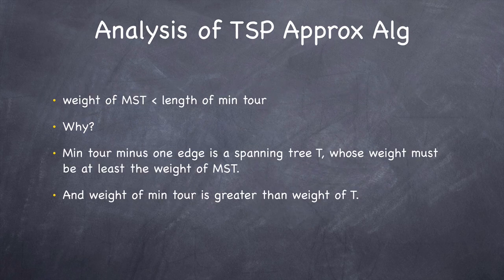Now the weight of the minimum spanning tree is less than the weight of the minimum tour. Why? Because a minimum tour, if we delete one edge, is a spanning tree. The weight of a spanning tree must be at least the weight of the minimum spanning tree, and the tour contains an additional edge. So the weight of the minimum tour is greater than the weight of the minimum spanning tree T.